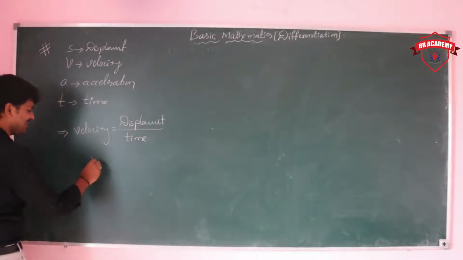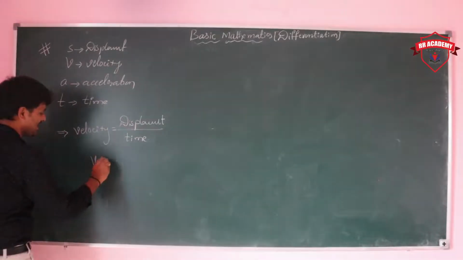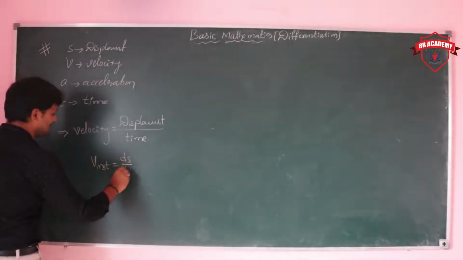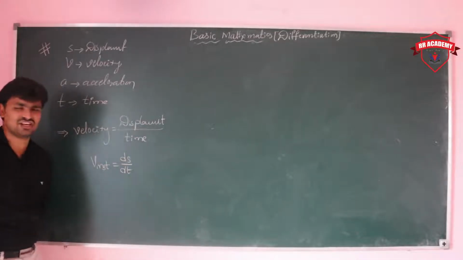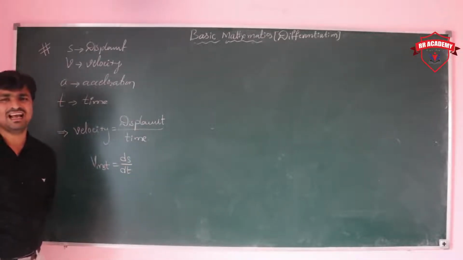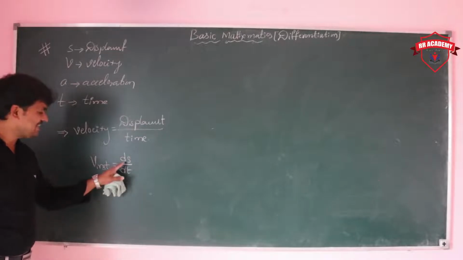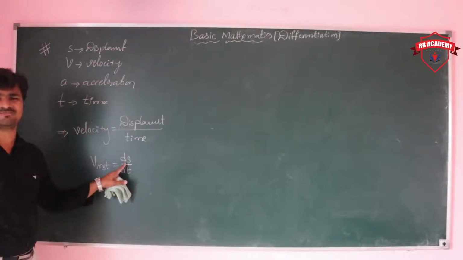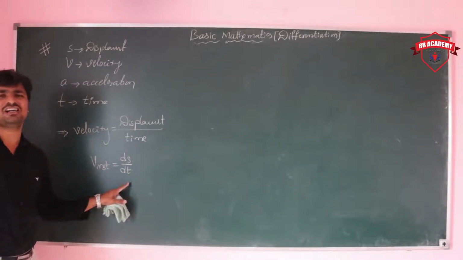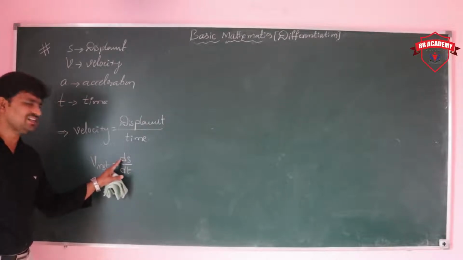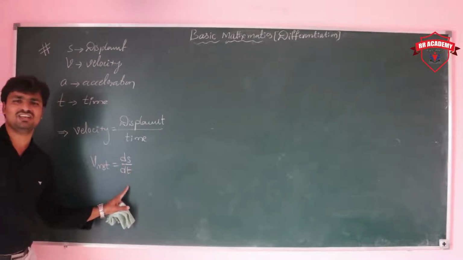So we write V instant is equal to ds upon dt, where ds means small change in displacement and dt means small change in time.